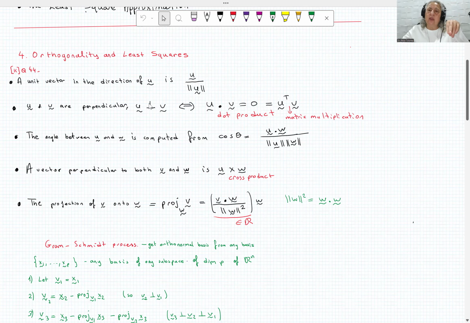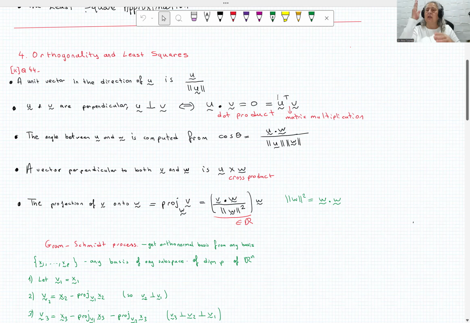Two vectors are perpendicular to each other if and only if their dot product is equal to 0. You can express the dot product as a matrix multiplication. This is for the real vector spaces, so here we have the transpose.